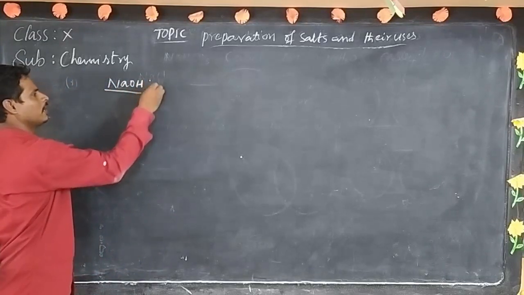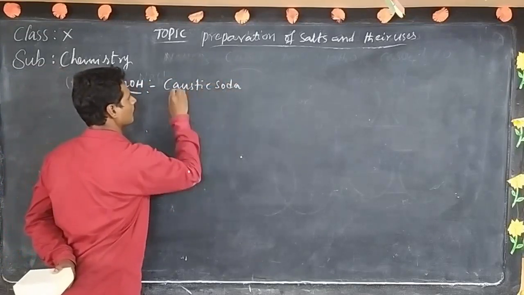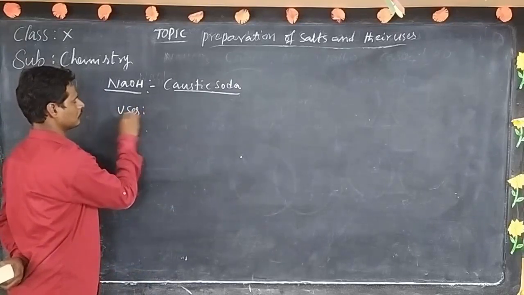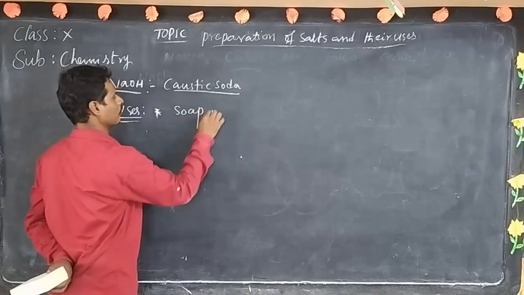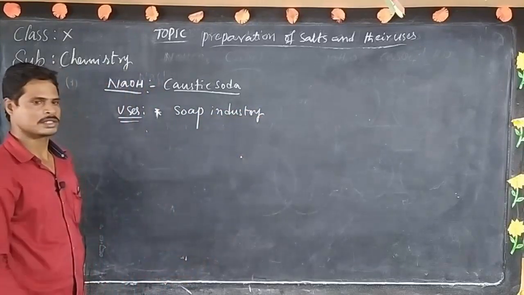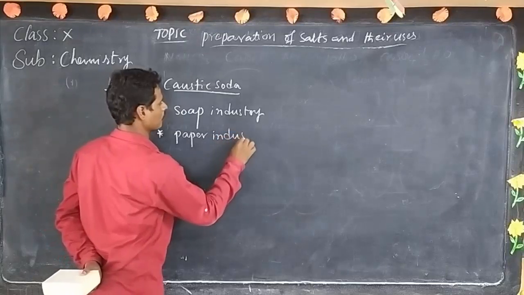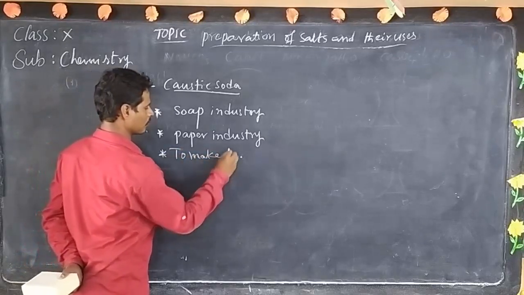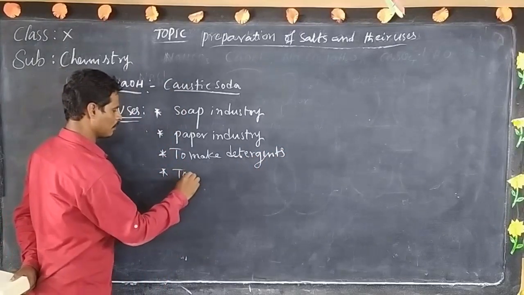Next, what are the uses of sodium hydroxide? What is the common name of sodium hydroxide? Caustic soda. Uses: soap industry, paper industry, to make detergents, to make artificial fibers.